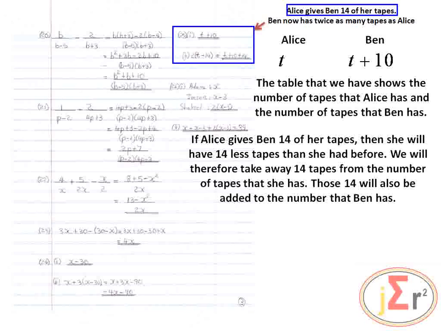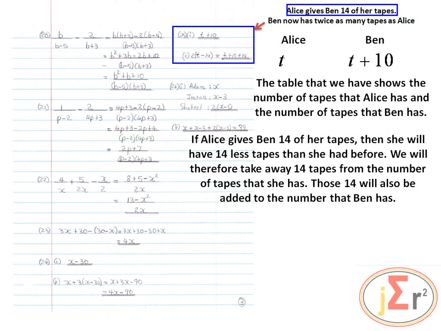It is not far-fetched. If Alice gives Ben 14 of her tapes, then she will have 14 fewer tapes than she had before. So if she gives away 14, we take away 14 tapes from the number of tapes that she has. And those 14 will be given to Ben.